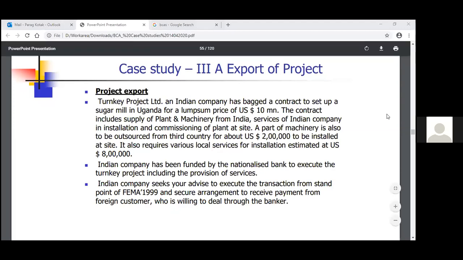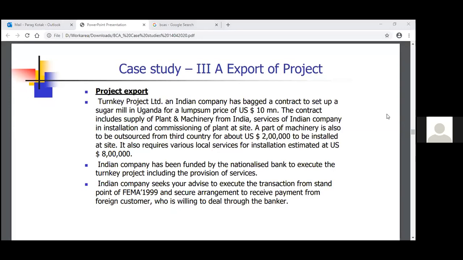The first impression from reading is that since RBI has issued a notification of 23R and also various other memorandum of import and the project export memorandum, the first glance is that it could be a capital account transaction. However, I just wanted to tell the group that it is a current account transaction.